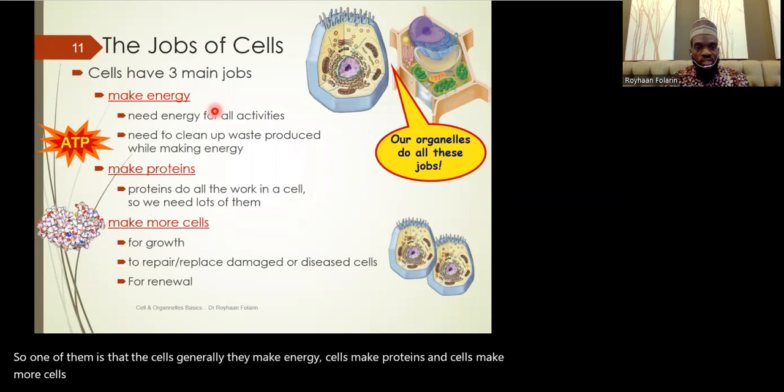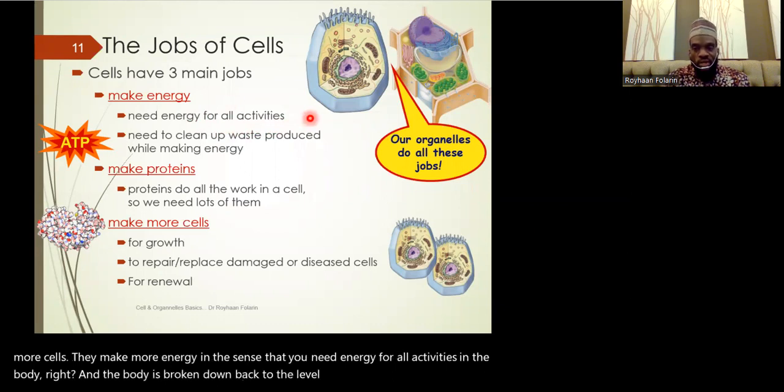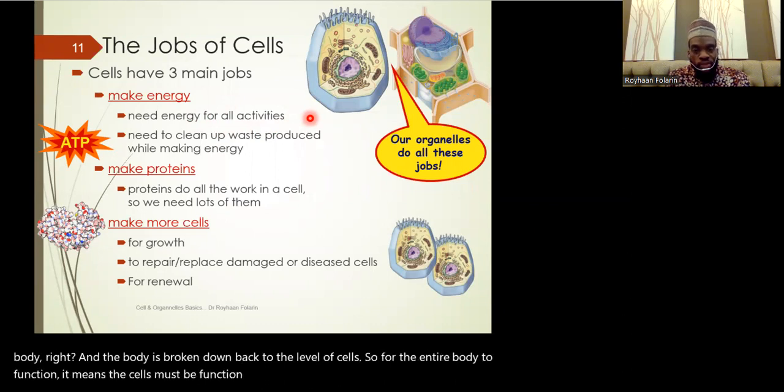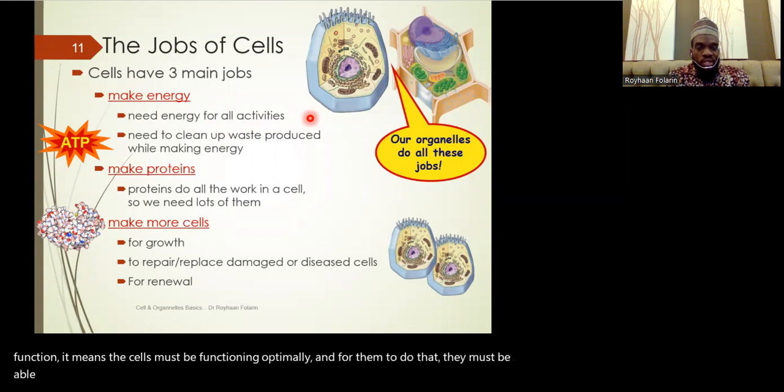They make energy in the sense that you need energy for all activities in the body, right? And the body is broken down back to the level of cells. So for the entire body to function, it means the cells must be functioning optimally. And for them to do that, they must be able to make energy. They also need the energy to clean up waste produced while making the energy.